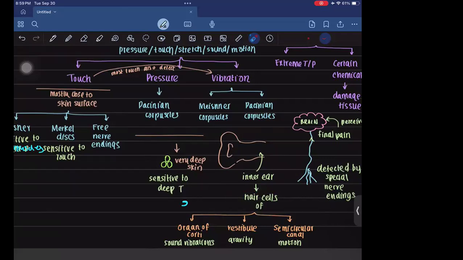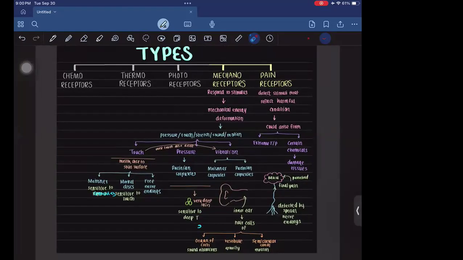Then you have something called the semicircular canal, which is also present in the inner ear. The hair cells of the semicircular canal will be detecting motion, which means your movement. Your movement will be detected by the semicircular canal. So again, these are also coming under vibrations.